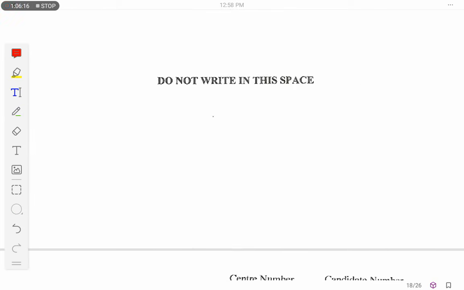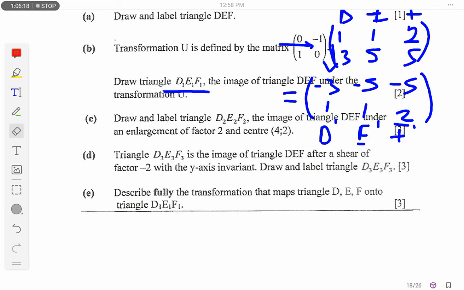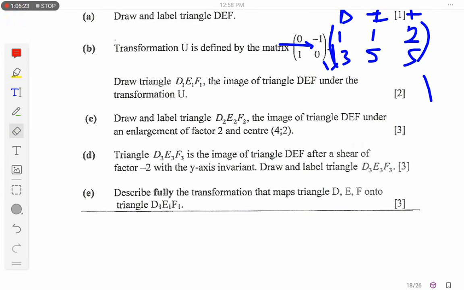I'm now using a different color. The next part of the question is saying we are going to enlarge our DEF using a scale factor of 2. Because we are not moving from the origin, we are moving from 4, 2.